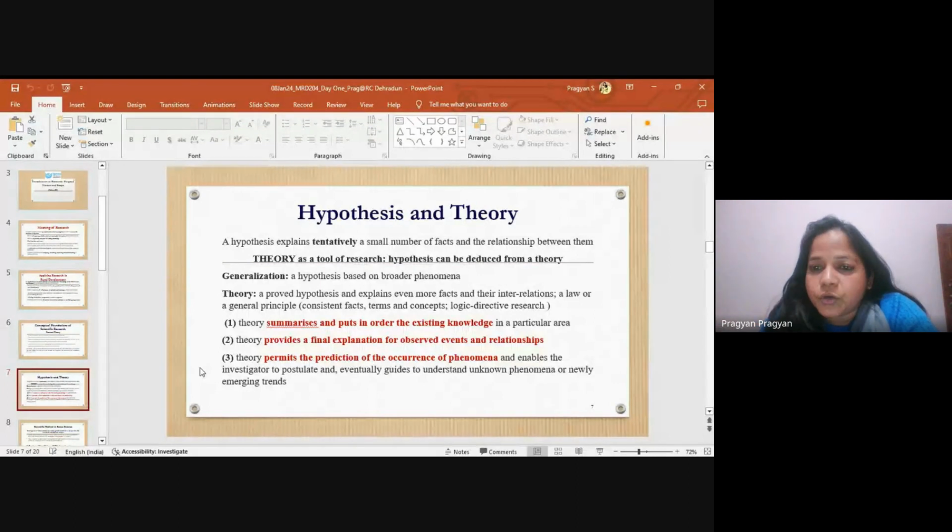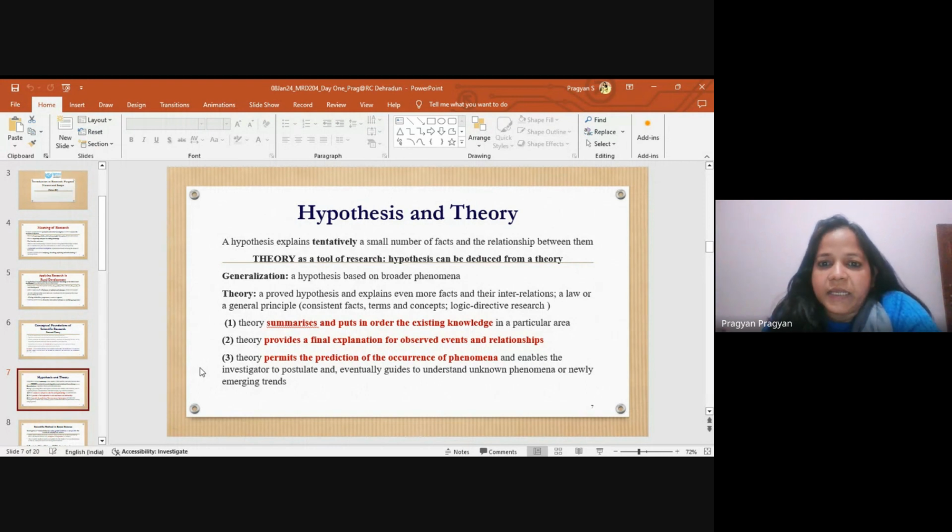You are not sure. So, falsifiability is the first feature of a hypothesis. That means if theory is a tool of research, hypothesis is a tentative tool by which you can guide the whole research.